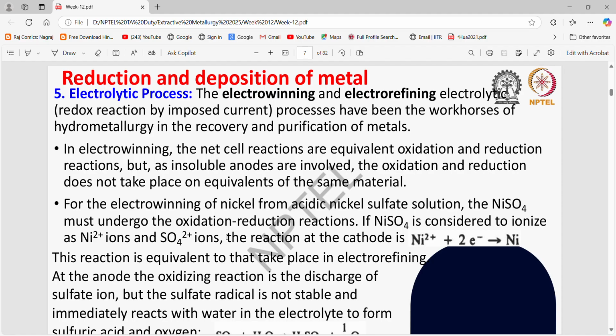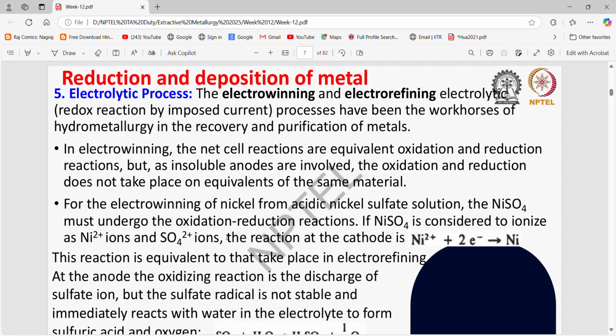Then there is another thing which is known as electrorefining. As the name suggests, electron plus refining. With the help of the external current voltage, we are trying to refine the material. We take an impure material as a cathode or anode material.